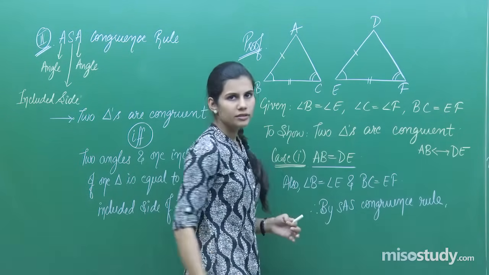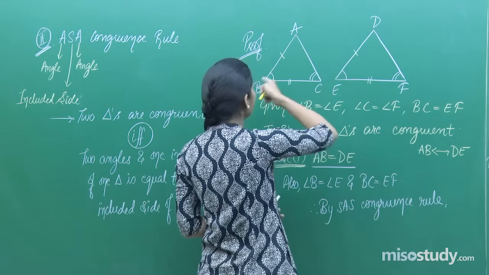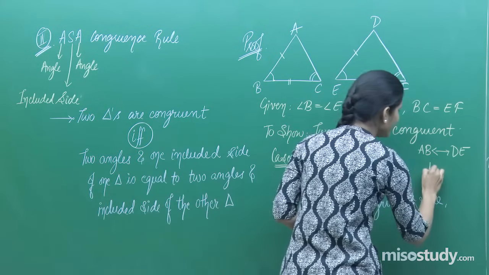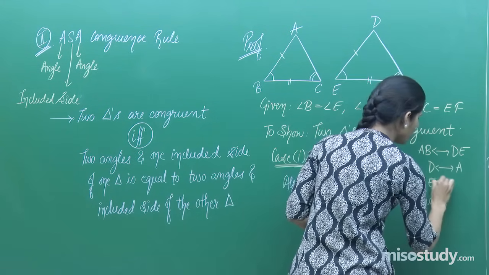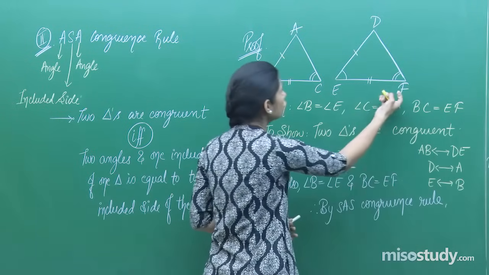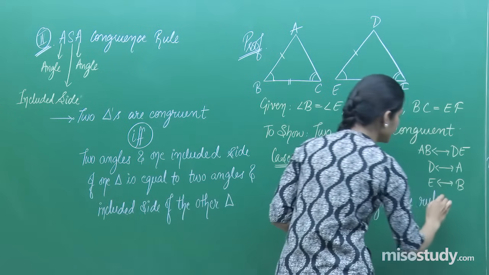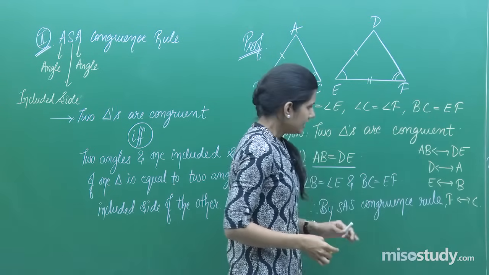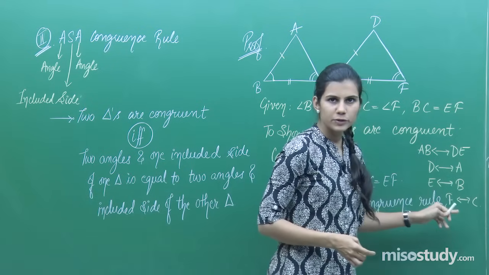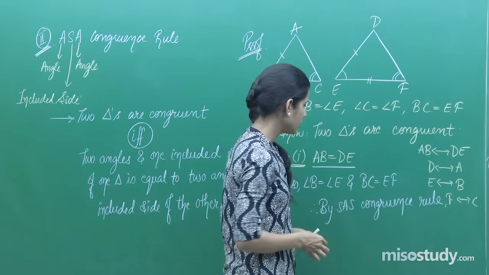That means D will have to fall over A, E will have to fall over B. So the left out vertex will have to fall over the left out vertex, that is F will have to fall over C. This is how I develop the correspondence between vertices by the given conditions.